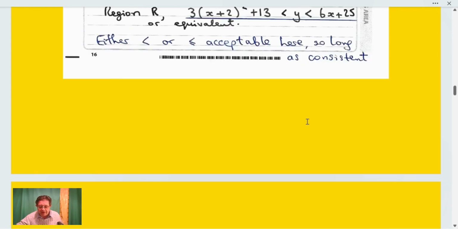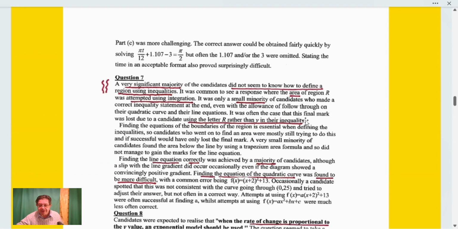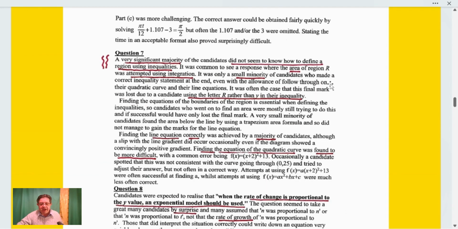Now, it is instructive, I think, to look at the mark scheme here and see what it says. A very significant majority of the candidates did not seem to know how to define a region using inequalities. It was common to see a response where the area of region R was attempted using integration.